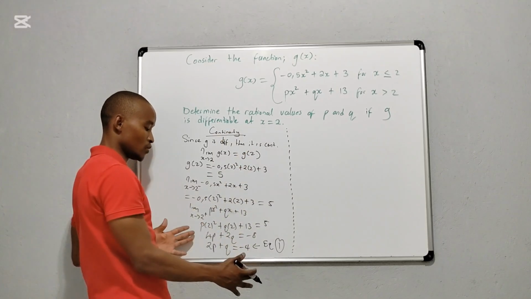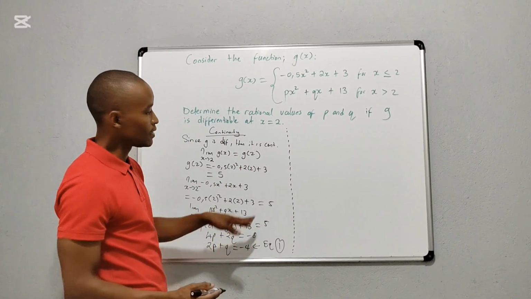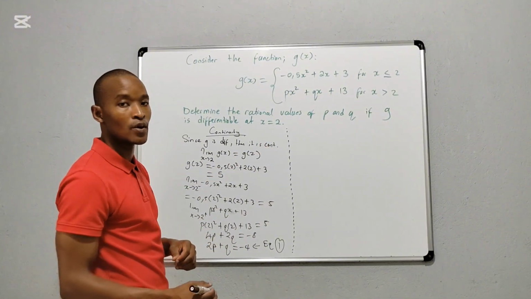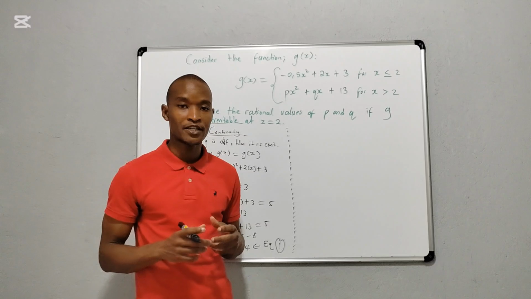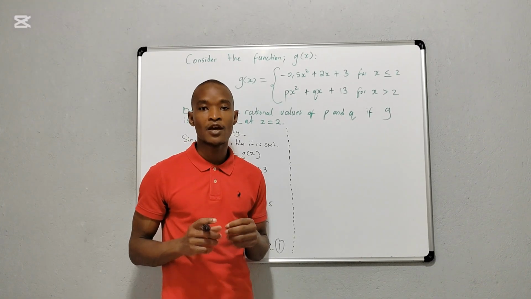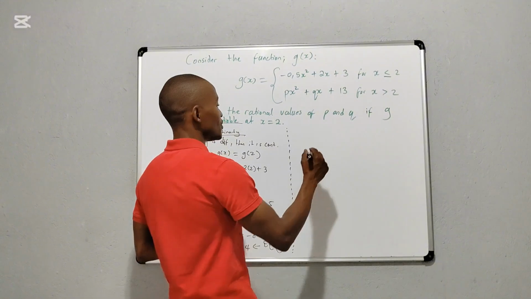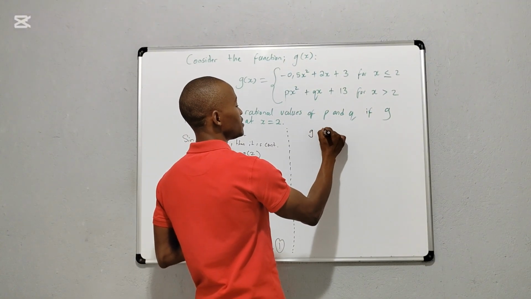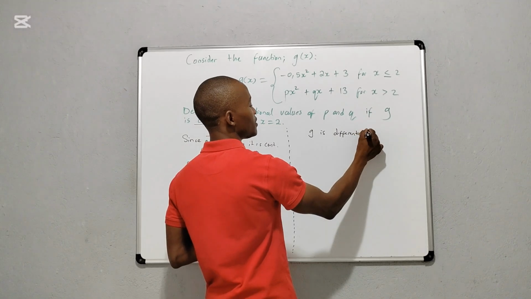So we're done with continuity, and we've generated one equation from there. Let us now go to the one-sided limit and use this fact. The function g is differentiable, so the one-sided limits of the gradient function are equal. Okay, so g is differentiable. What does that imply?